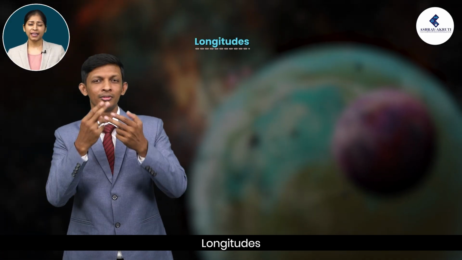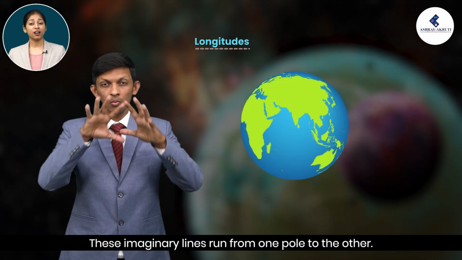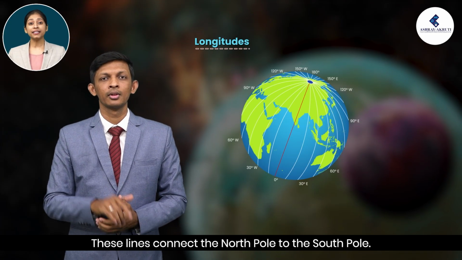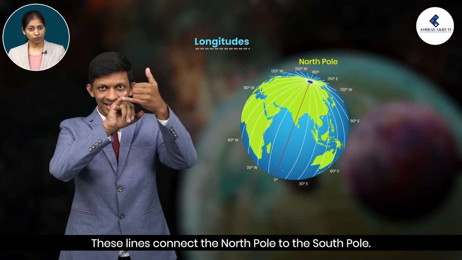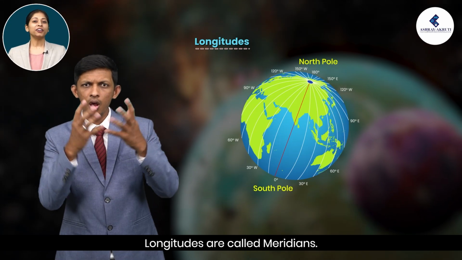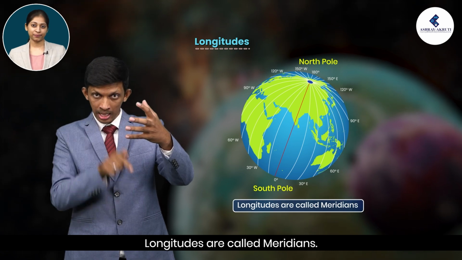Longitudes. These imaginary lines run from one pole to the other. These lines connect the North Pole to the South Pole. Longitudes are called meridians.